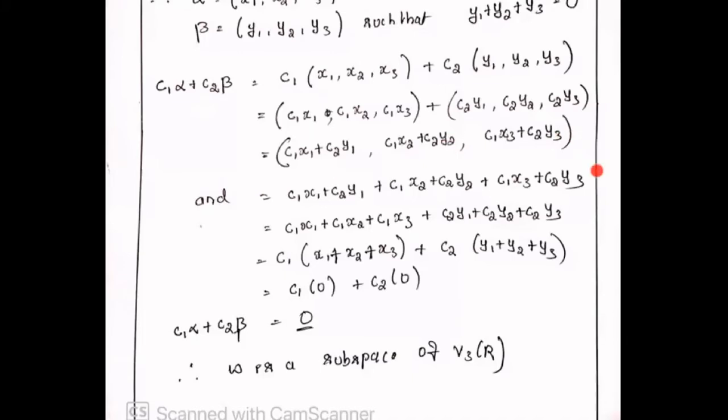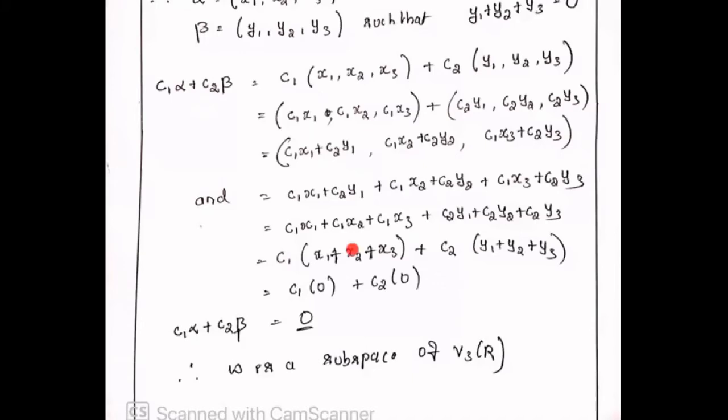So the resultant is this. Then, since you have C1 x1, C1 x2, and C1 x3, you can take C1 as a common factor. You'll get x1, x2, x3. Similarly, you have C2 y1, C2 y2, and C2 y3. You take C2 as a common factor, and you will get y1, y2, y3.